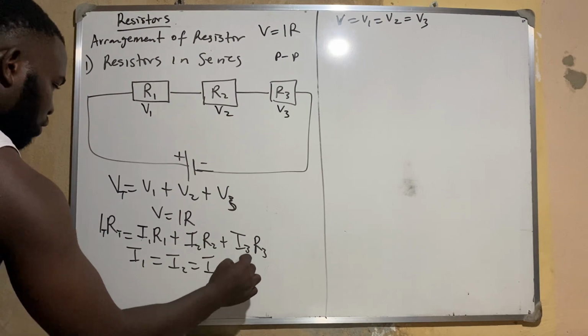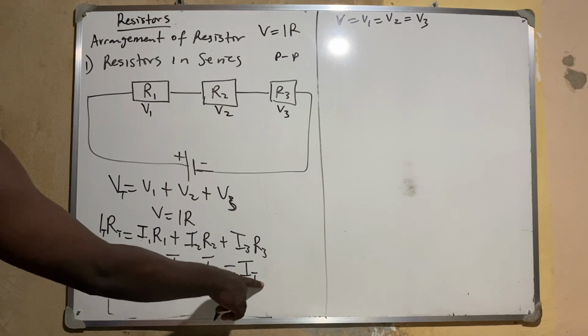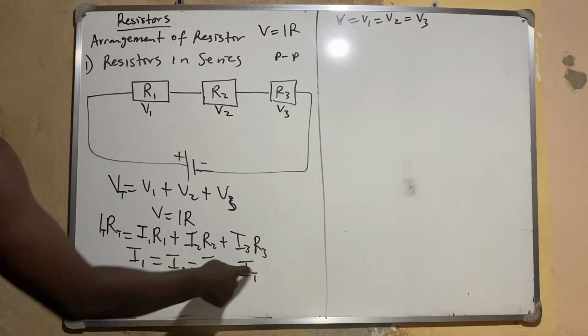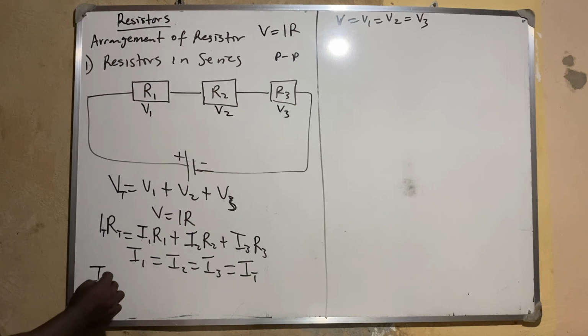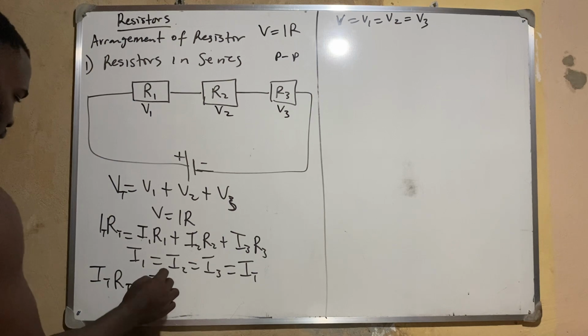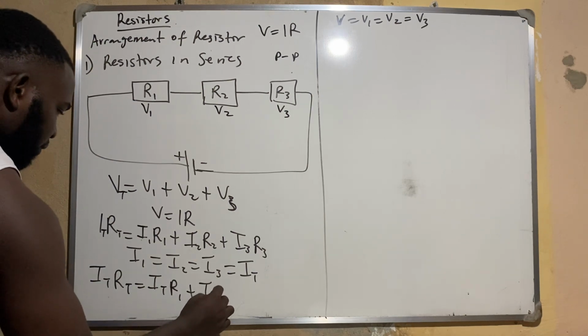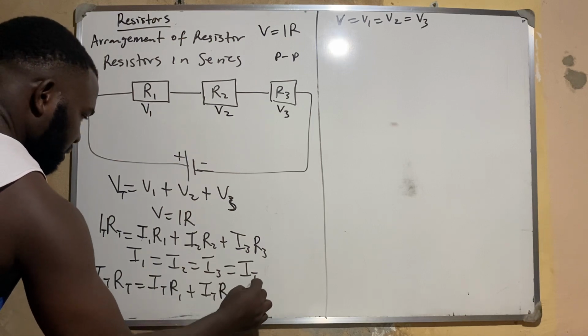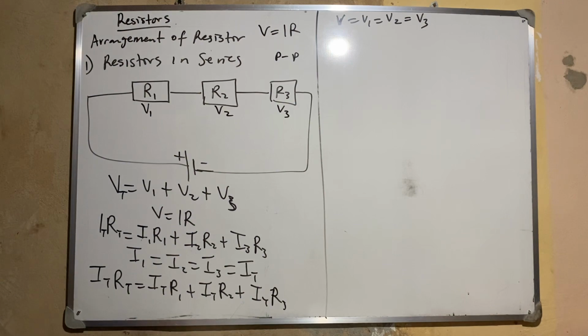So let me say that all of them are just equal to I total. Anywhere I see I1, I'll put I total. Anywhere I see I2, I'll put I total. Anywhere I see I3, I'll put I total. So I have I total R total is equal to I total R1 plus I total R2 plus I total R3. All right, very, very simple.